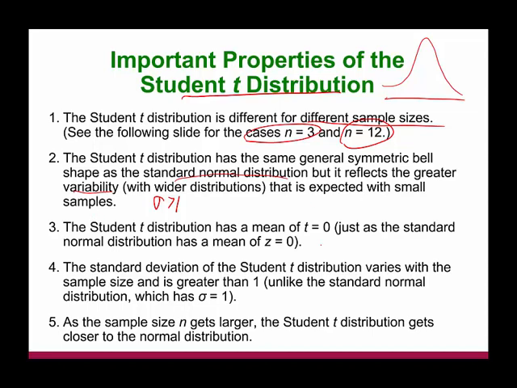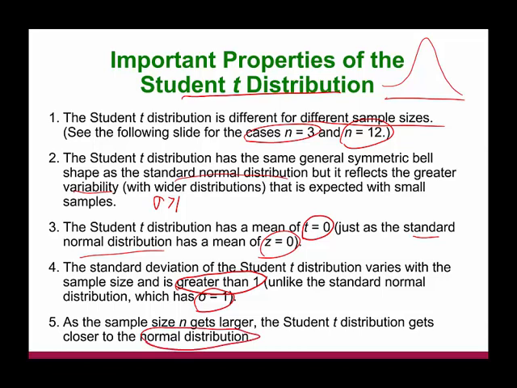So the student t-distribution has a mean of t equals 0, just like the standard normal distribution has z equals 0. The standard deviation of the student t-distribution varies with the sample size and is usually greater than 1, compared to the standard normal distribution where sigma always equals 1. As the sample size n gets bigger, the student t-distribution gets closer to the normal distribution.